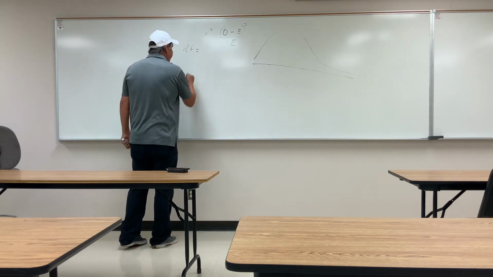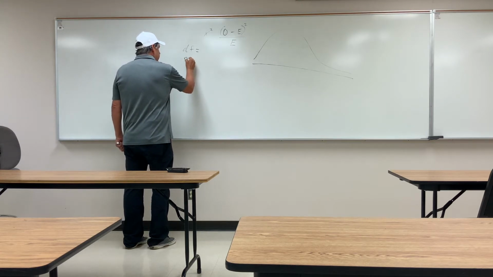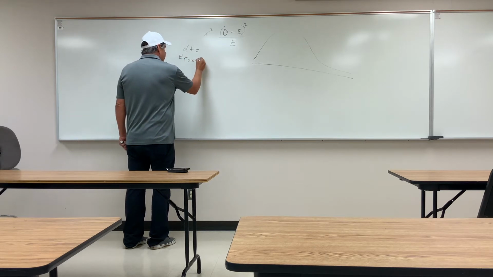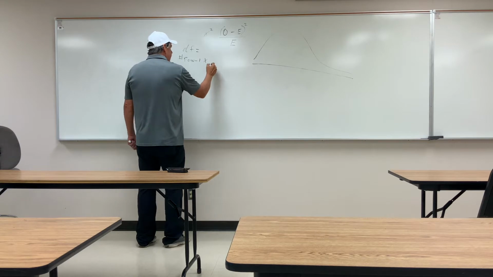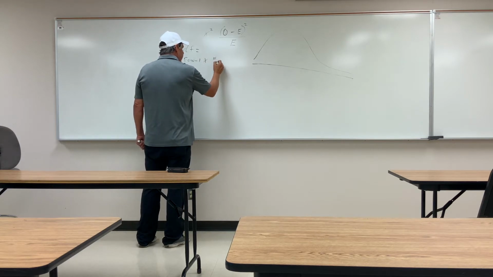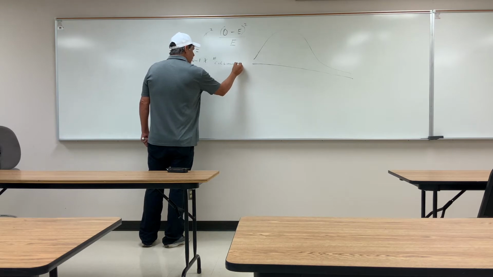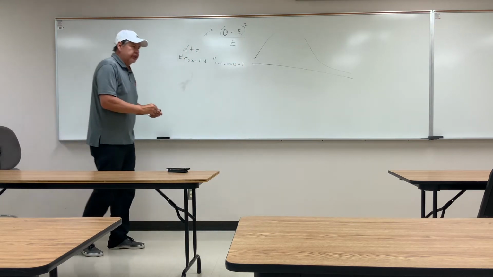So our degrees of freedom are going to be based on rows, number of rows, minus 1, multiplied by number of columns, minus 1.